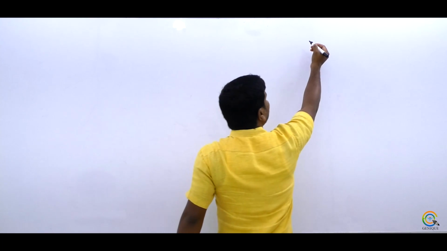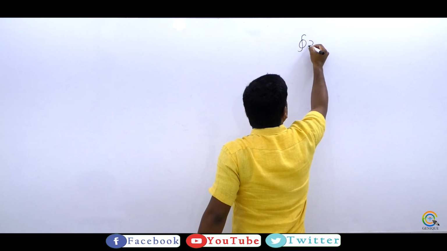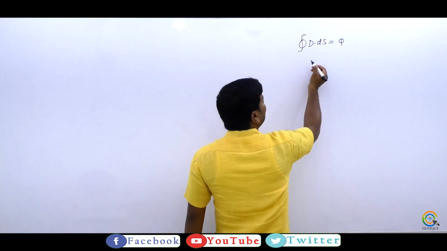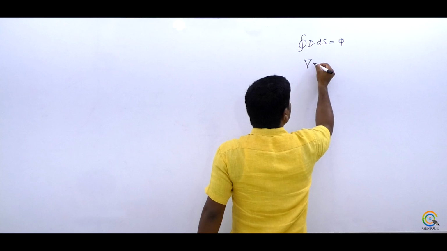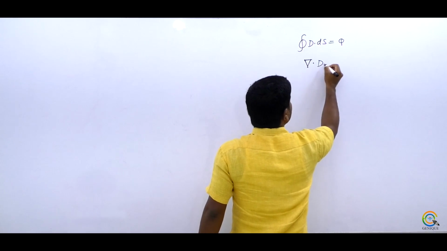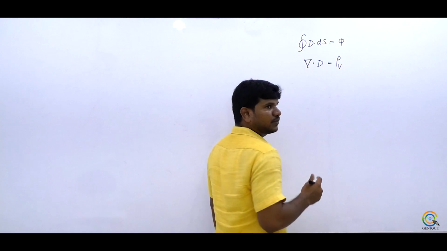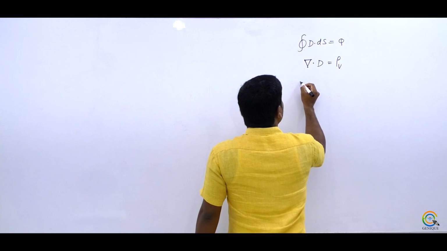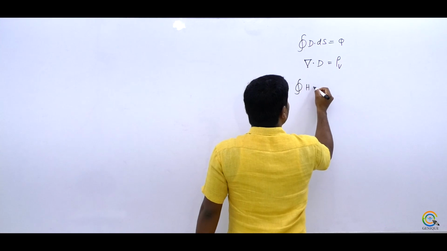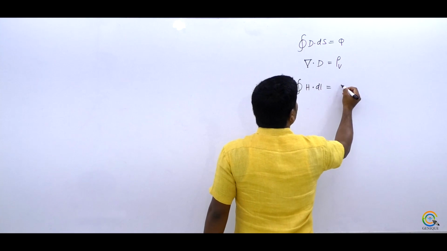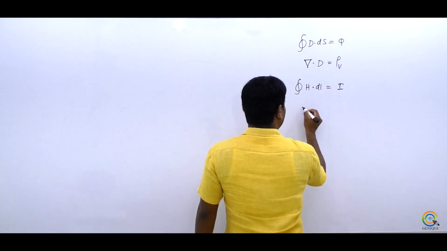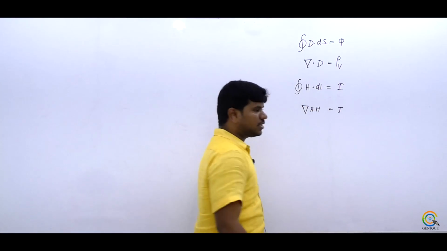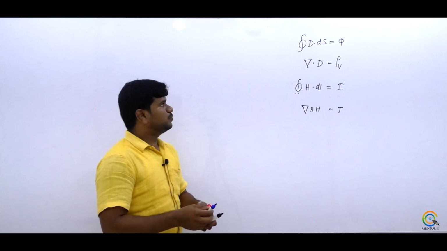Those 4 results are: closed surface integral D dot dS is equal to Q, and del dot D is equal to rho v; and the second one, closed line integral H dot dl is equal to I, and one more result, del cross H is equal to J. These are the 4 very important results we observed here.